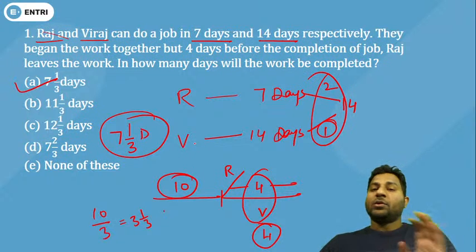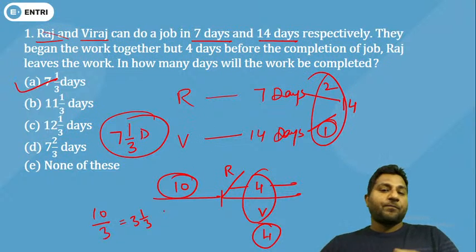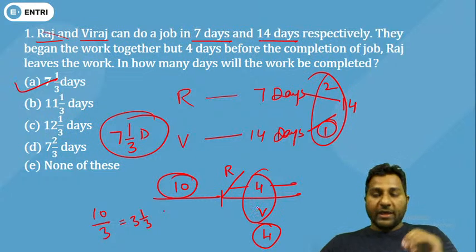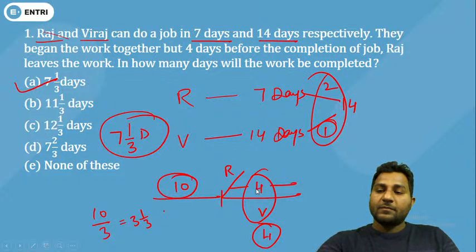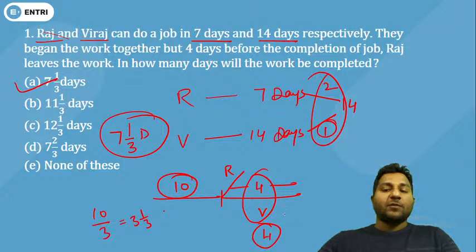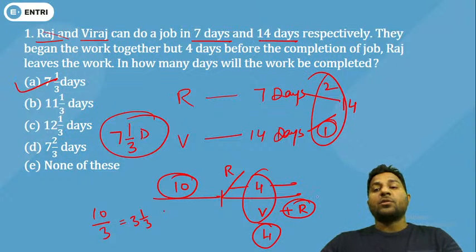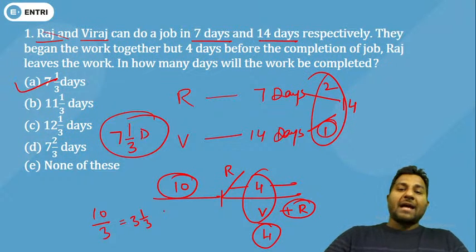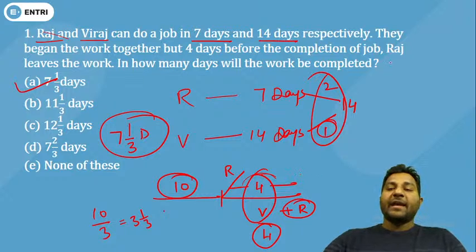But remember, you don't need to solve the question in this way. In the last 4 days, Raj was absent. So if you include Raj, that means you will also include Raj's work. Raj's work in the last 4 days would be 8.